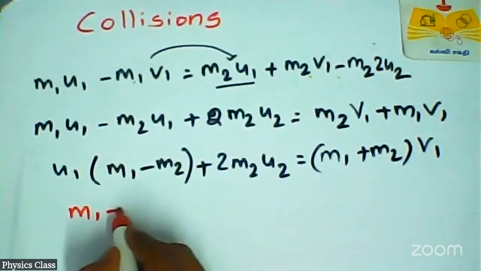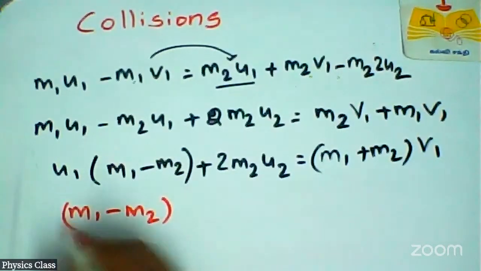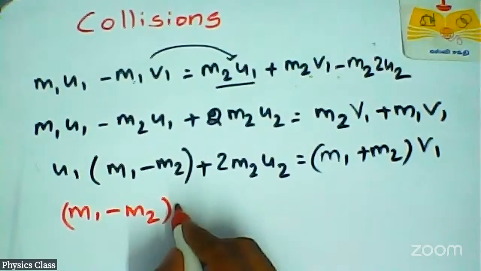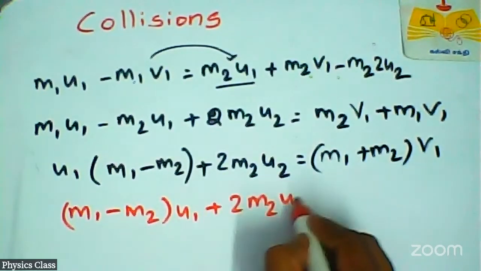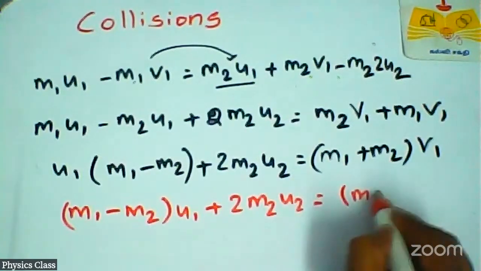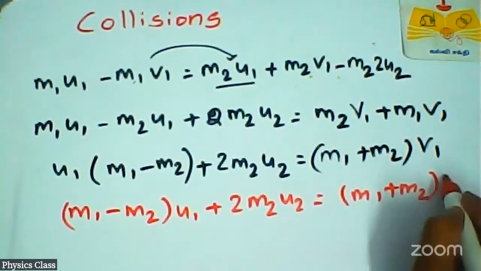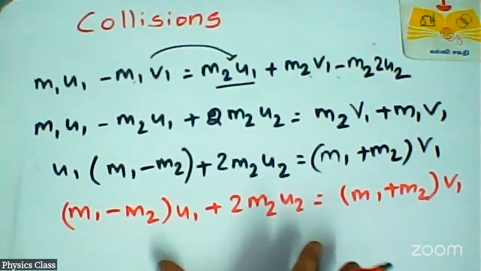So m1 minus m2 into u1 plus 2 into m2 u2 equals m1 plus m2 into v1. This is another simplified form.